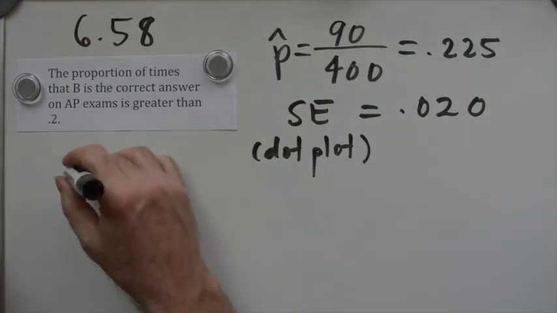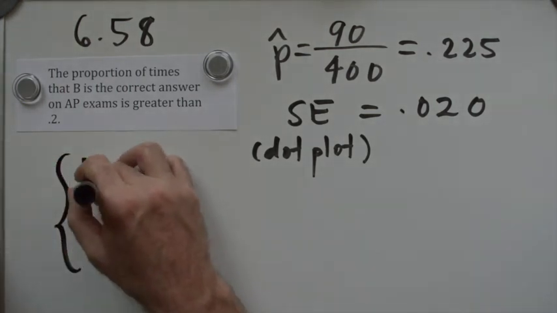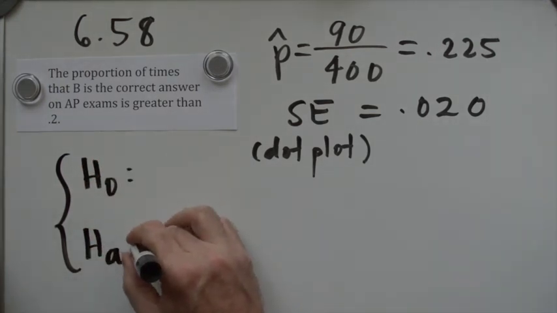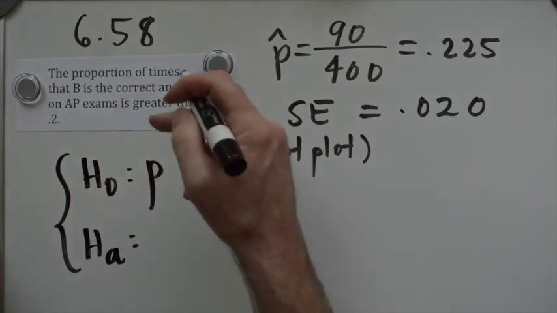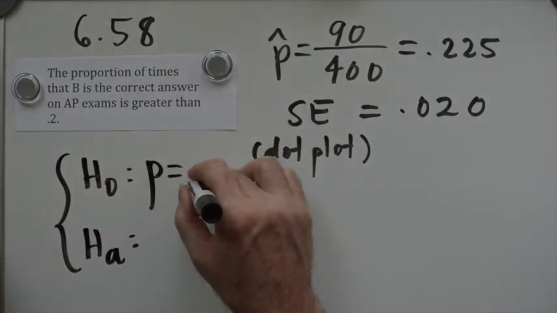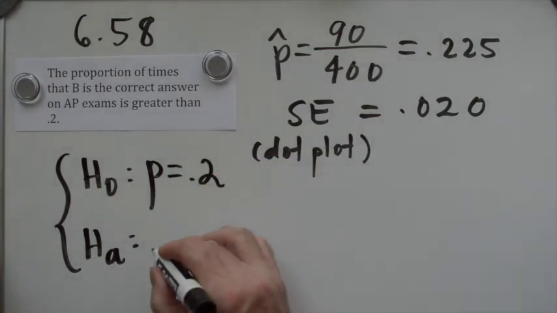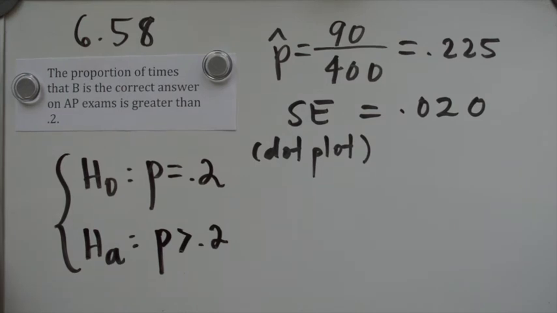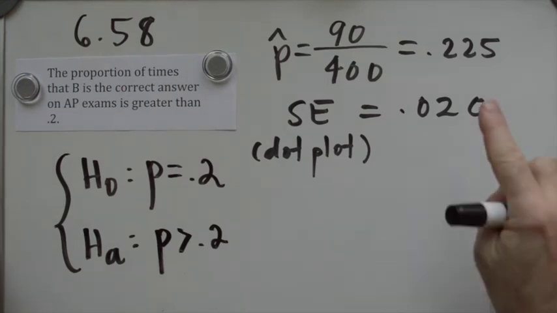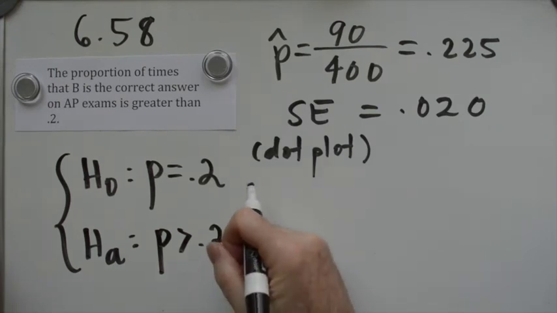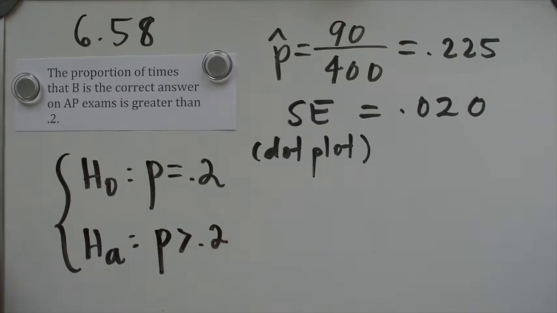If we set this up as a proper hypothesis test, the null hypothesis is that this underlying proportion, the proportion of times that B is the correct answer, is in fact 0.2, and the alternative is that it's bigger than 0.2, that the proportion exceeds 0.2. So this evidence is certainly pointing in the correct direction to sustain this alternative hypothesis. We just need to see if the evidence is strong enough.